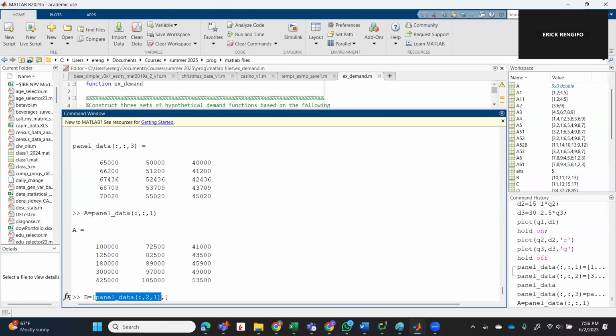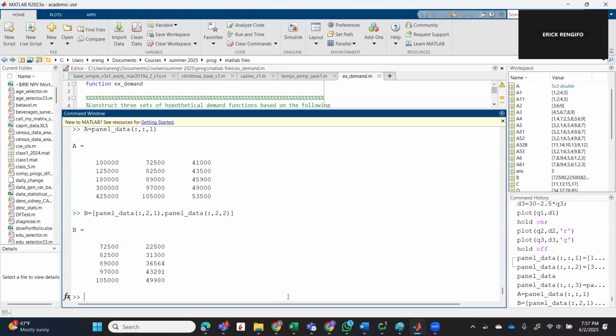I just want from this guy also, not income, but savings. Make sense to you? Guys? Yes. Perfect. So let's do this. And here we go. So this now represents B, individual number 2, income and savings.